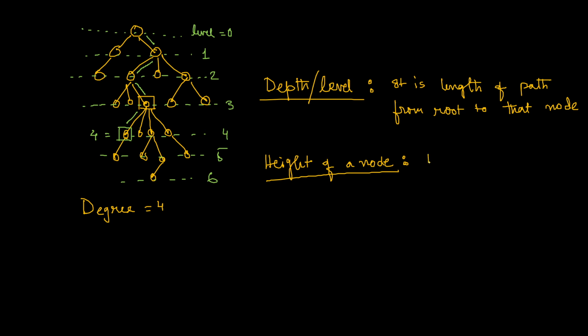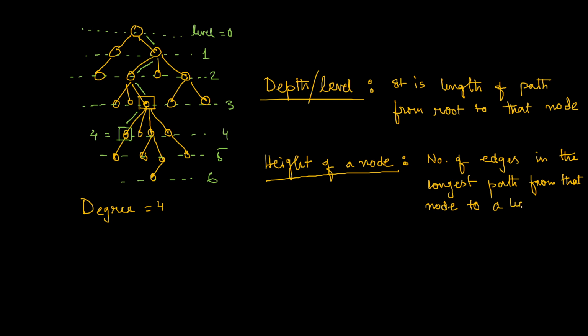You can say that it is the number of edges in the longest path from that node to a leaf node. You see, I'm not specifying any particular leaf node.